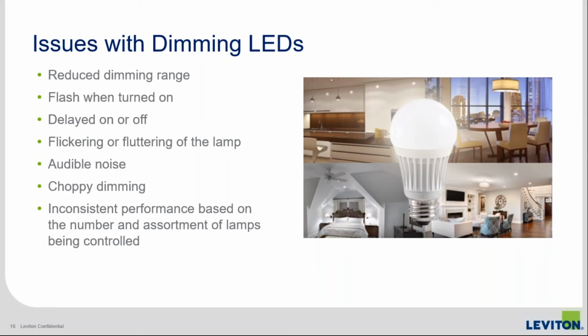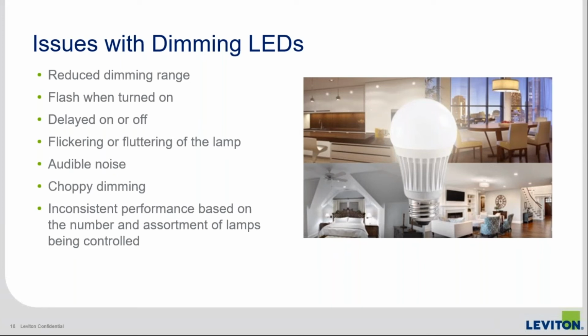And then we've all heard, particularly with fluorescent bulbs, the humming, but that can also happen with LED bulbs, whether it's the bulb or the light fixtures that are humming, or sometimes the dimmers. It's more likely the bulbs and the fixtures, but you can have either side hum. There's also what we call choppy dimming, and choppy dimming means that when you raise or lower the brightness of the bulb from high to low or low to high, the brightness doesn't go linearly.